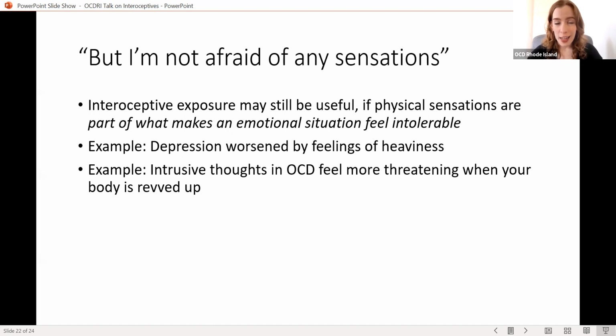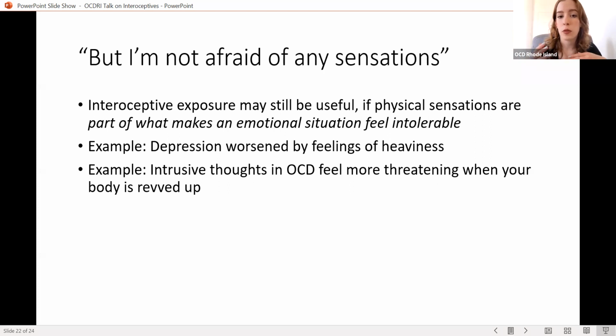So in that case, we could do interoceptive exposure to the feeling of being weighed down. You might have them put on wrist weights or ankle weights and then go about their tasks, like doing household chores or answering emails, while being physically weighed down.